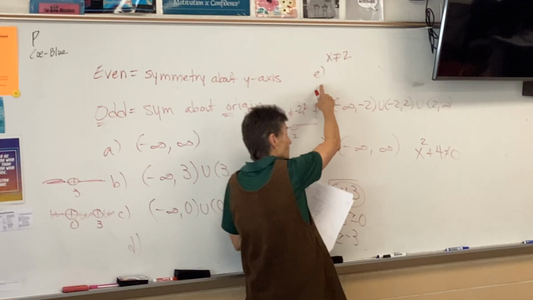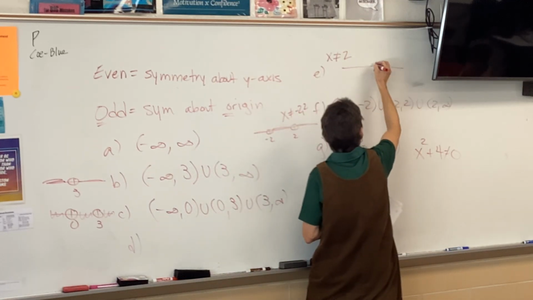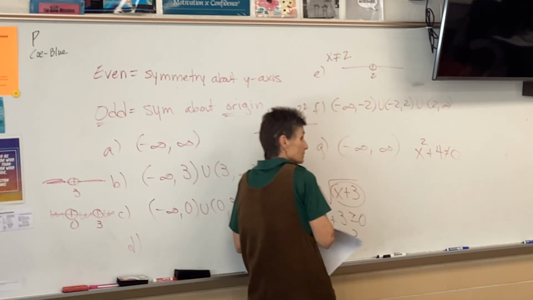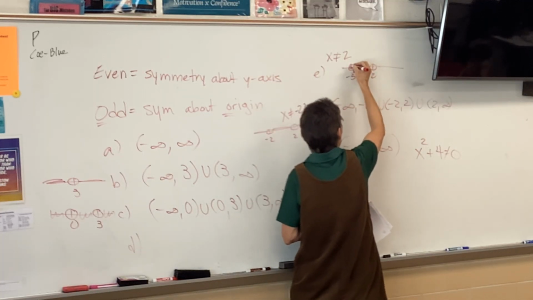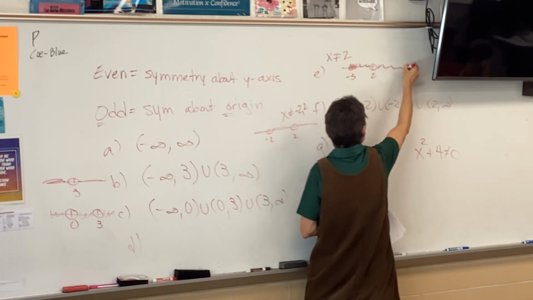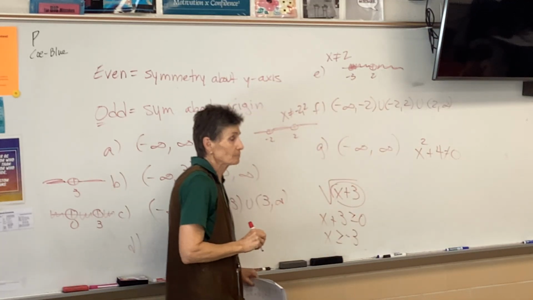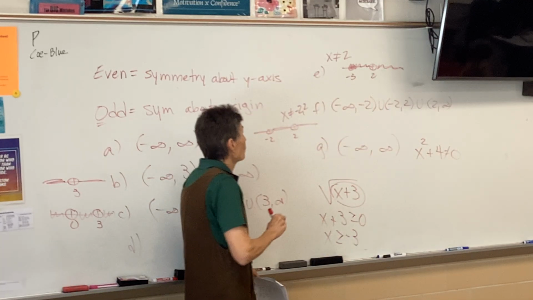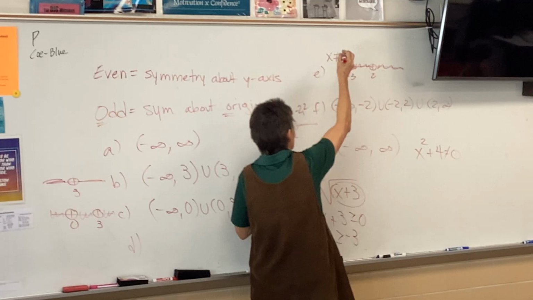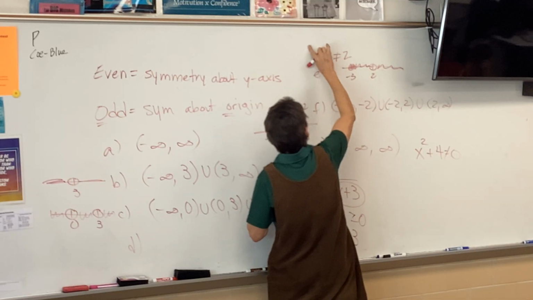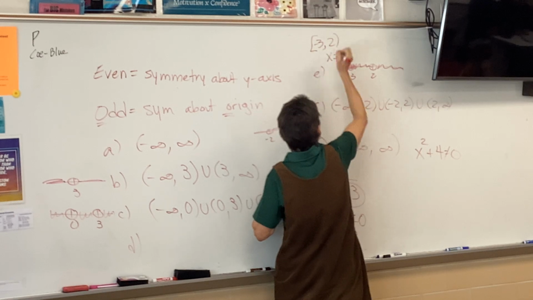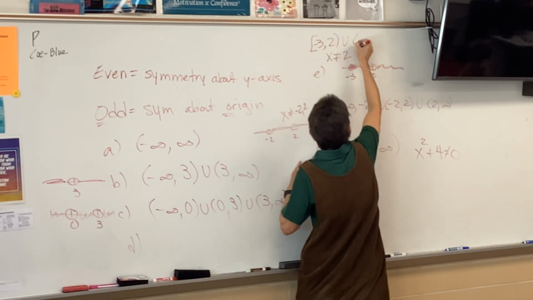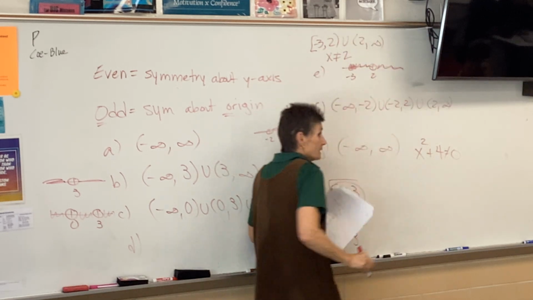This was problem E. So here's my number line. I have an open dot at 2. But now you're telling me I have to be bigger than or equal to negative 3. So what's my domain for problem E? Negative 3 to 2, or 2 to infinity.